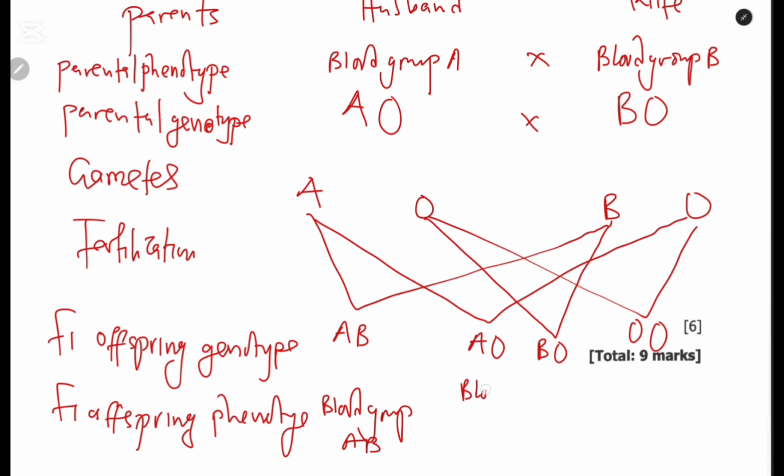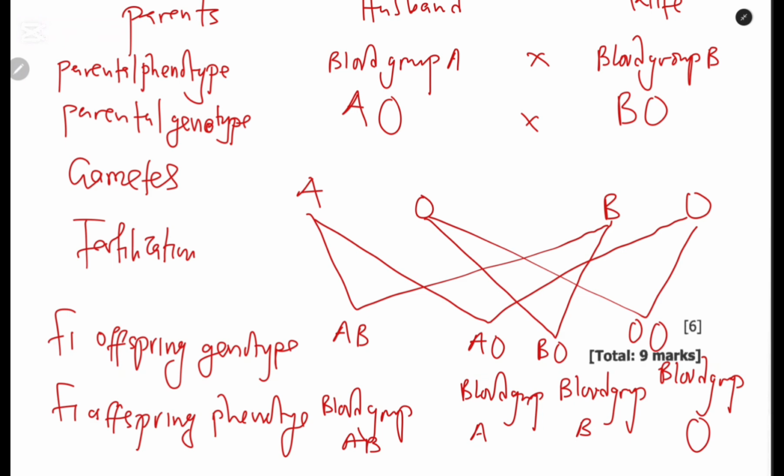Then this is blood group A. This is blood group B. This is blood group O. All right. So that is how we show that indeed the persons with blood group A and B can produce a child who is blood group O. So we've shown using the genetic diagram.